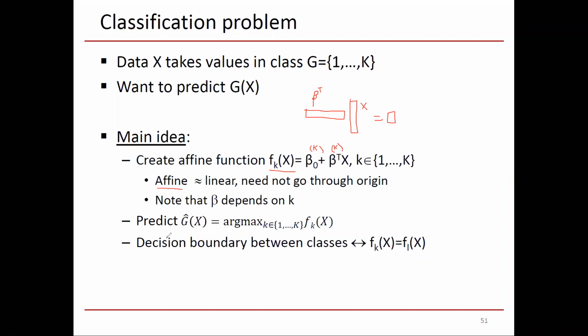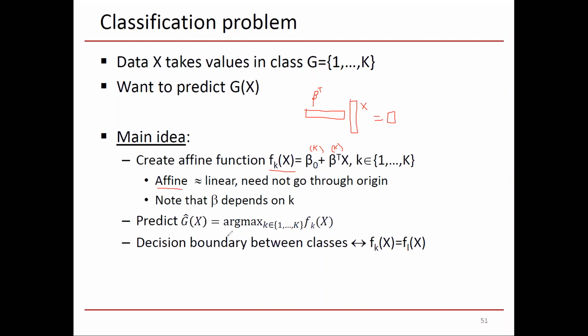So what we're going to do is run these linear scores, and one way to think about it is that the higher these linear scores are, the more likely you are to be in class number k. We're going to choose G hat, the estimate as a function of x, among the capital K scores, as the class lowercase k that gives you the highest score.